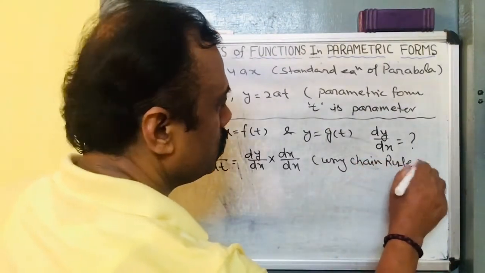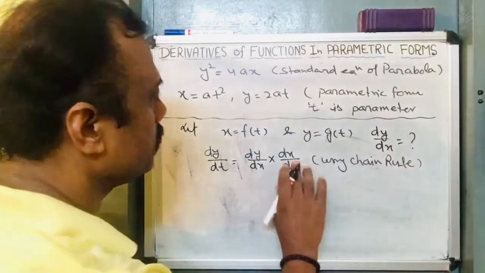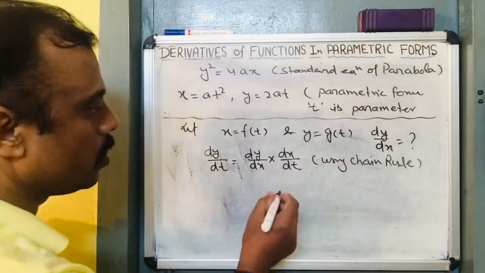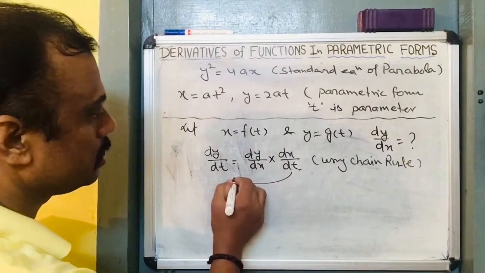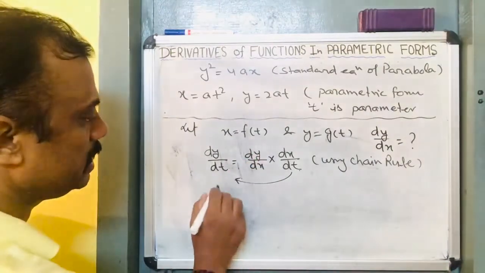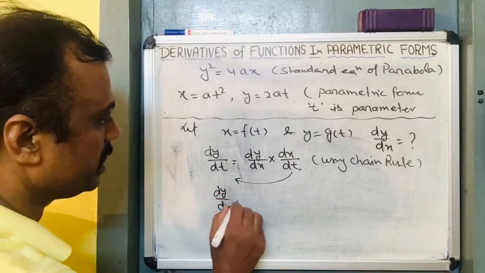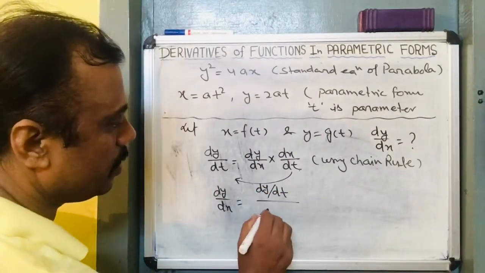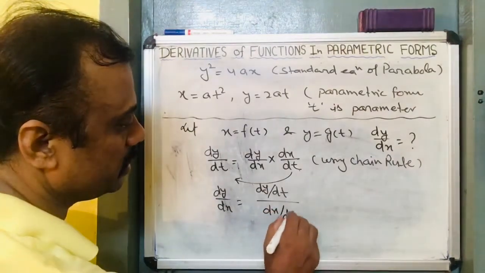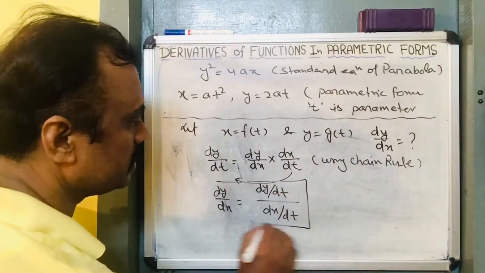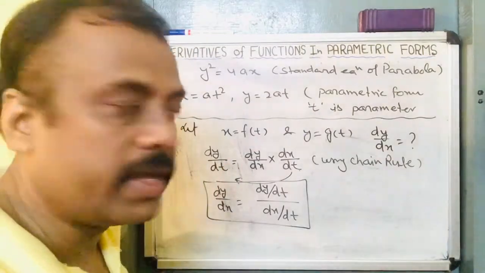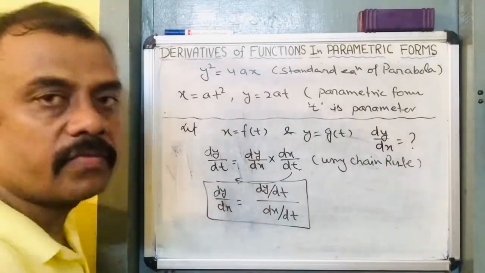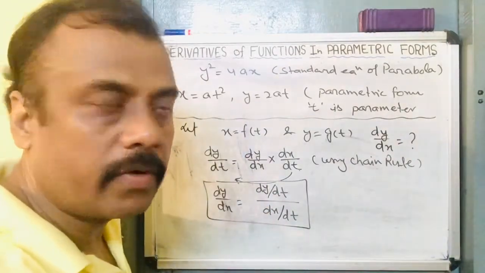Chain rule. Now I will send this upon this. So dy/dx can be written as (dy/dt) upon (dx/dt). This is the way in which we will find dy/dx when the function is given in parametric form.